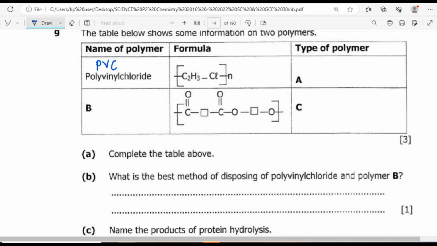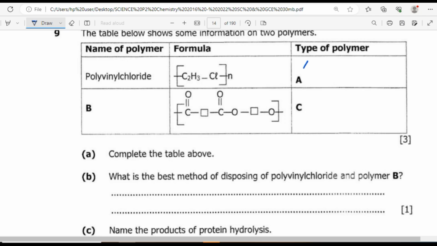Now the PVC has the formula given with this n. So n denotes the number of monomers that can be used. You can use 2,000 to 3,000, depending on the requirement. So n represents the number of monomers. Now, what type of polymer is polyvinyl chloride?